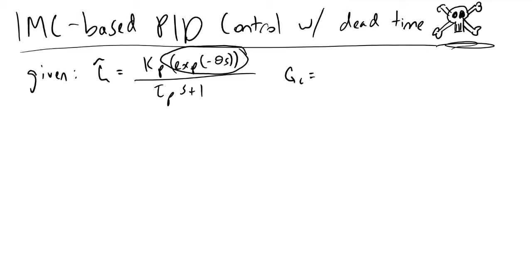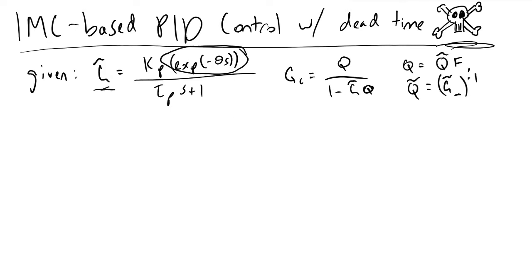And GC, as we've defined previously, was equivalent to Q, the internal model control, divided by 1 minus G tilde times Q. And Q, by definition, was equivalent to Q tilde times F, where Q tilde was equivalent to the inverse of the stable portion of our given process model, our internal model.